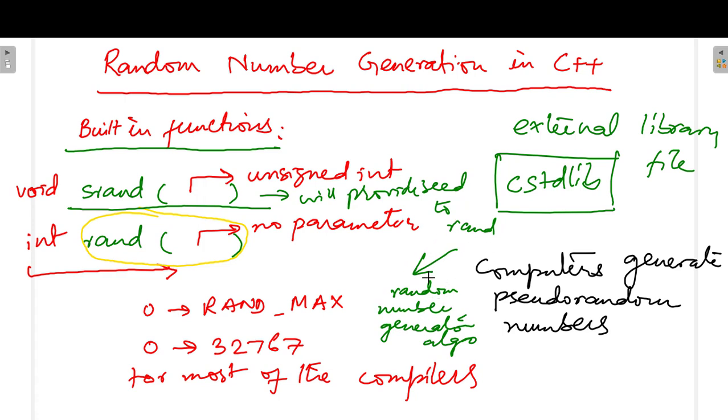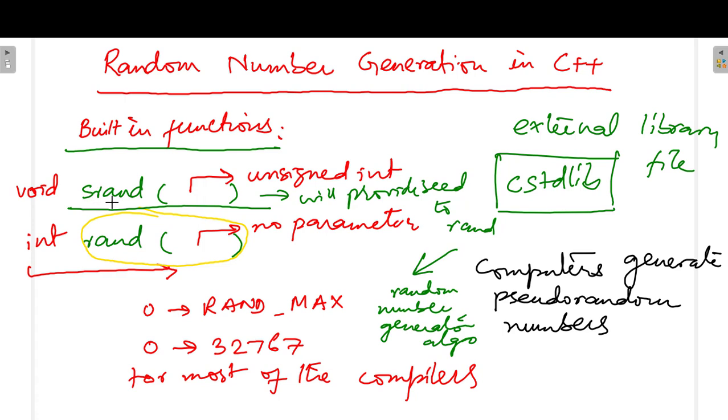So rand is using a random number generator algorithm, and this srand will provide a starting point to that random number algorithm.